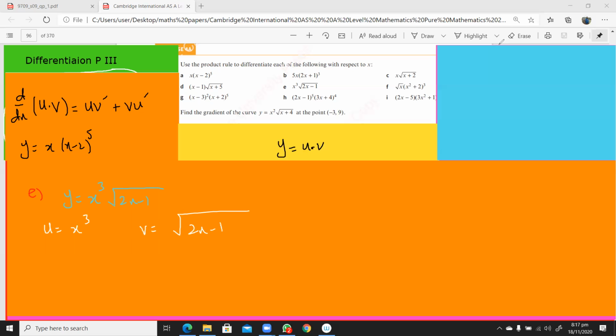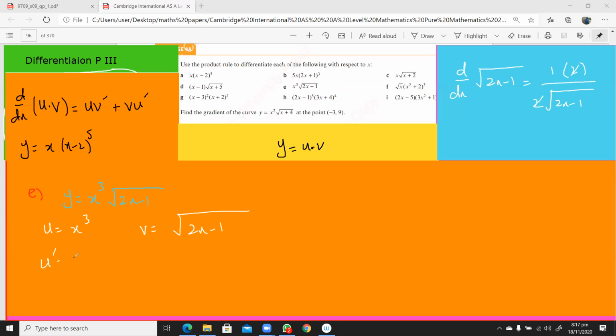We must be very good at this differentiation of the square root thing that you have done in your earlier class. The derivative of the square root of 2x minus 1 is 1 over 2 under root (2x minus 1), times the derivative of 2x minus 1, which is 2. You must learn this by heart. Are you familiar with this method? Yes, sir.